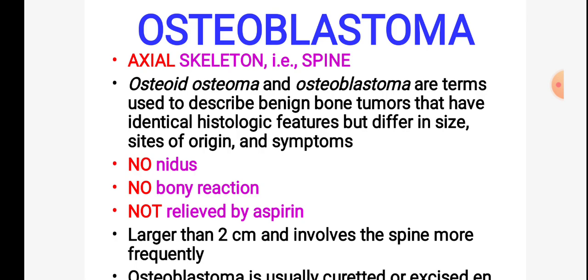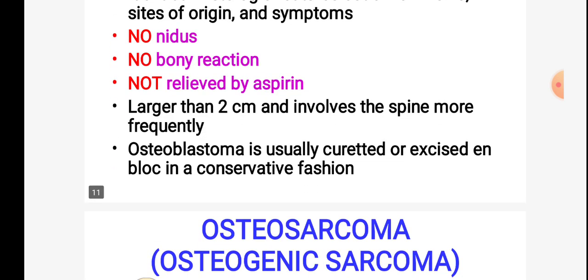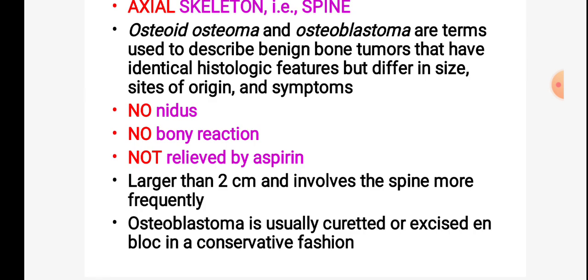There is no nidus, no bony reaction, and it is not relieved by aspirin. The size is more than 2 centimeters and it involves the spine more frequently. Osteoblastoma is usually curetted or excised en bloc in a conservative fashion.